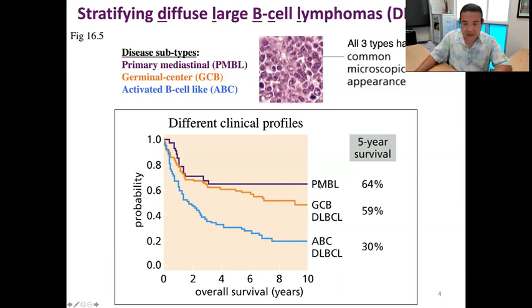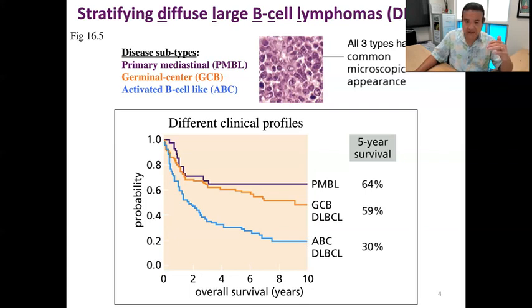You can see patients who have this PMBL type have a better prognosis going forward in this Kaplan-Meier plot compared to the other types, the GCB, and then the worst prognosis is if the patient ends up having ABC, or activated B cell-like.